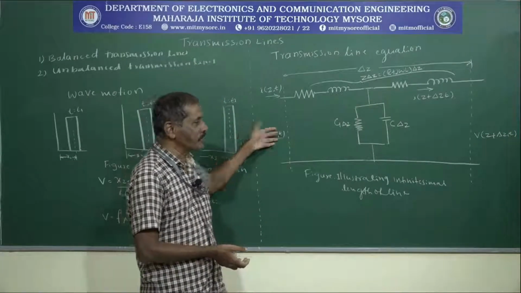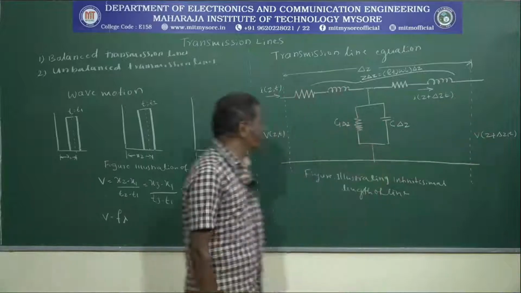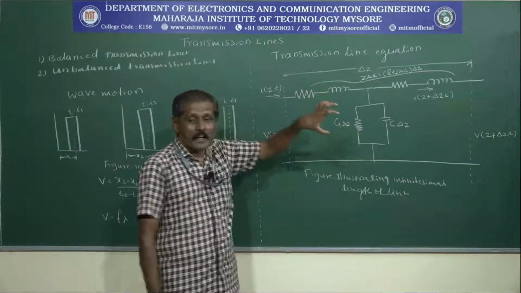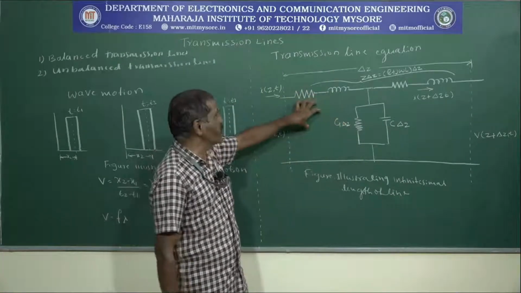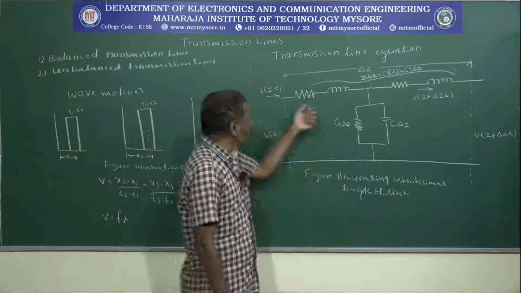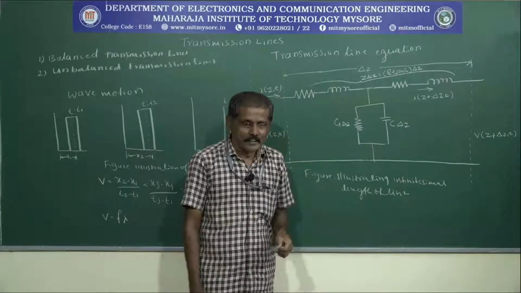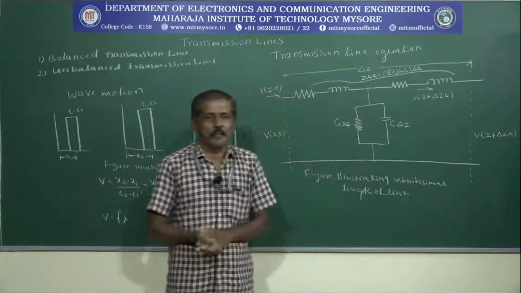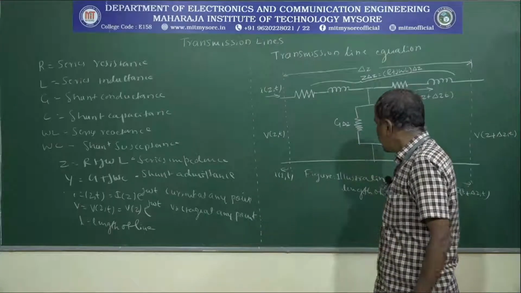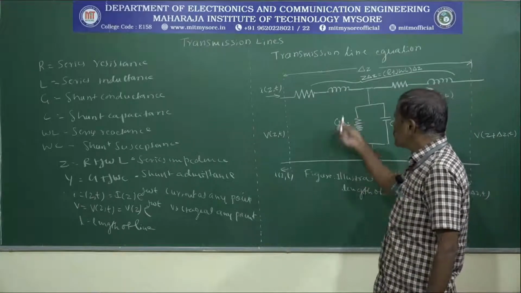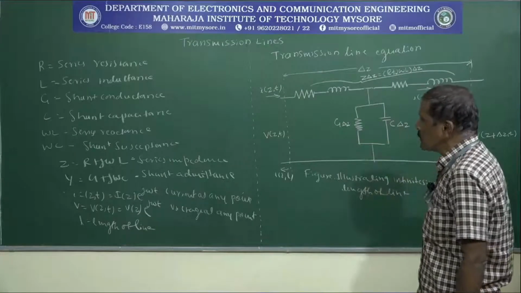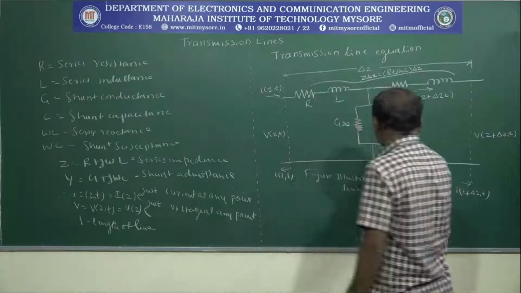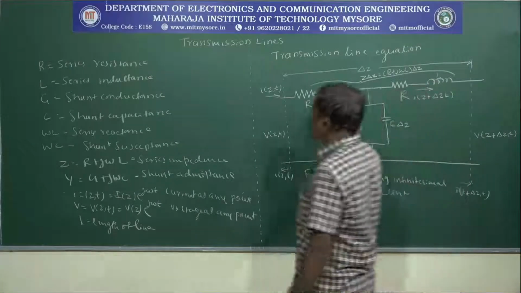Here you apply the voltages and here you get the output voltages. This transmission line in microwave communications consists of a resistor and an inductor, and also a capacitance and a conductance. The illustration of the transmission line is shown in this figure, where the various components are shown.